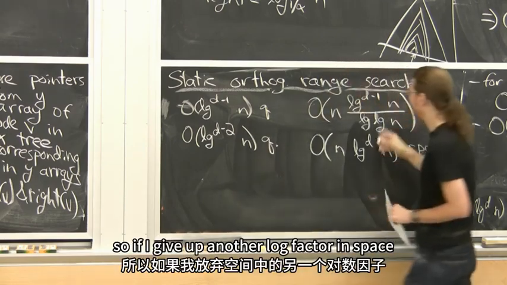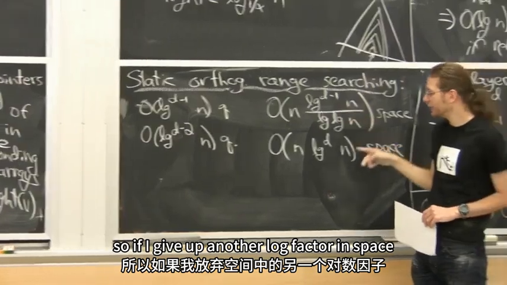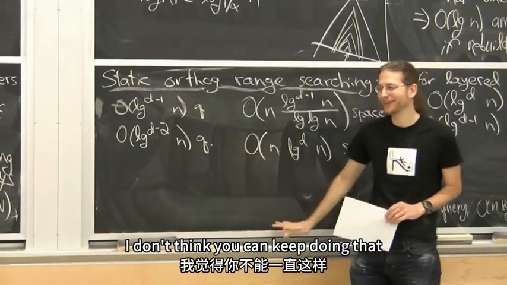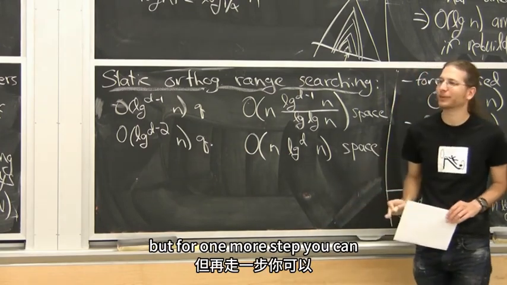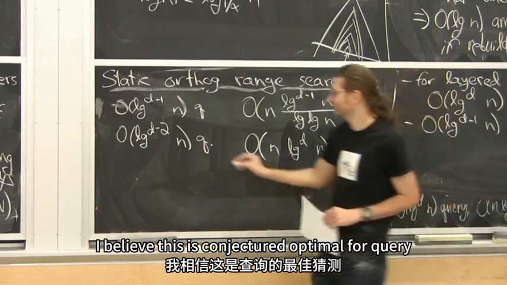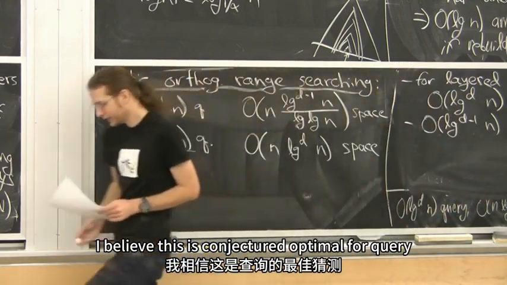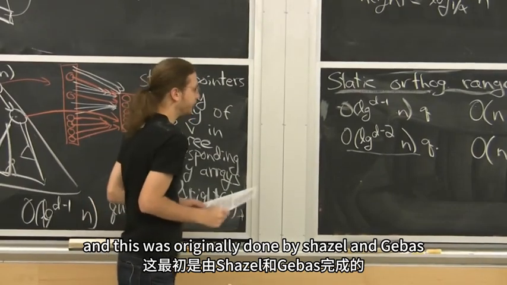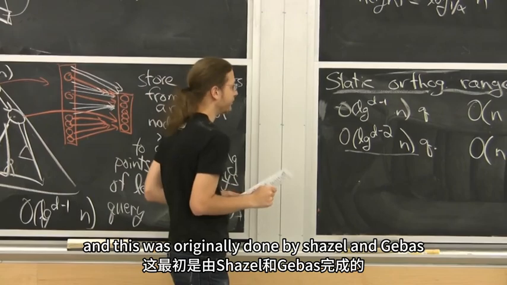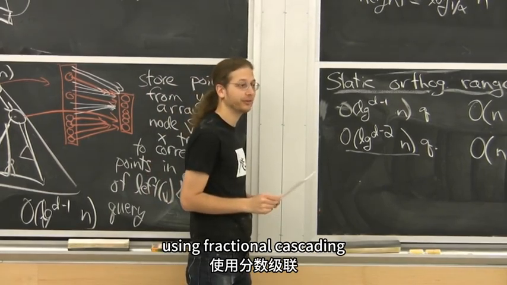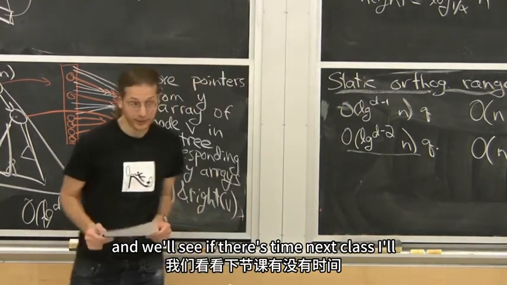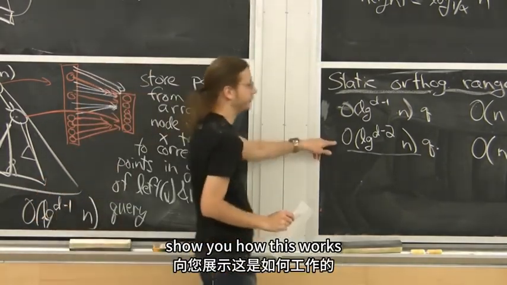So if I give up another log factor in space, I can get another log factor in query. I don't think you can keep doing that, but for one more step you can. I believe this is conjectured optimal for query. Don't know if it's proved. And this was originally done by Chazelle and Guibas using fractional cascading. And if there's time next class, I'll show you how this works.